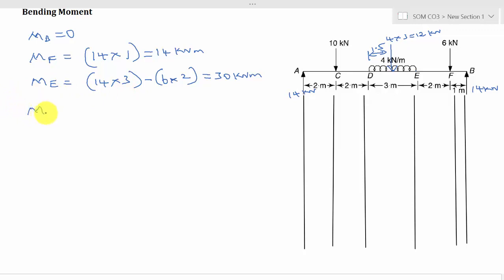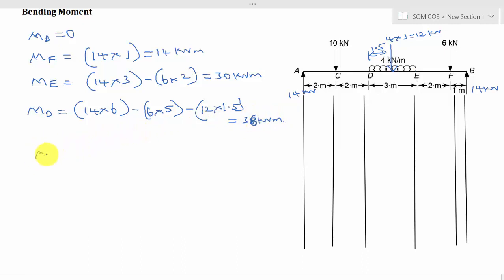Then MD is equal to 14 into the distance, 3, 4, 5, 6, then minus 6 into 3 plus 2 is 5. Then the UDL 12 kilonewton, so it is 12 into the distance 1.5 from D. So that is equal to 38 kilonewton meter. Sorry, it is 36 kilonewton meter.